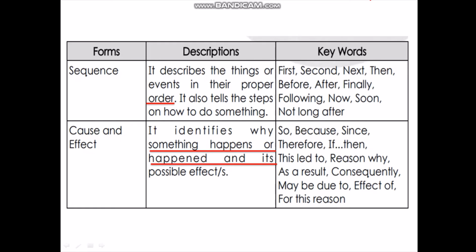So the keywords that we can see if that informational text is a cause and effect are these words: because, since, therefore, if, then, this led to, reason why, as a result, consequently, may be due to, effect of, and for this reason.